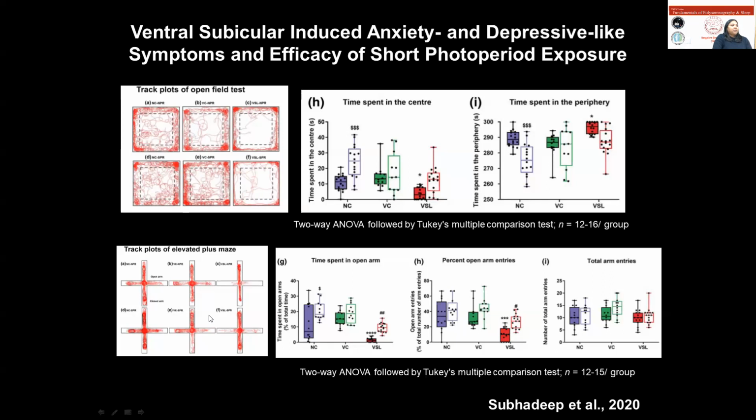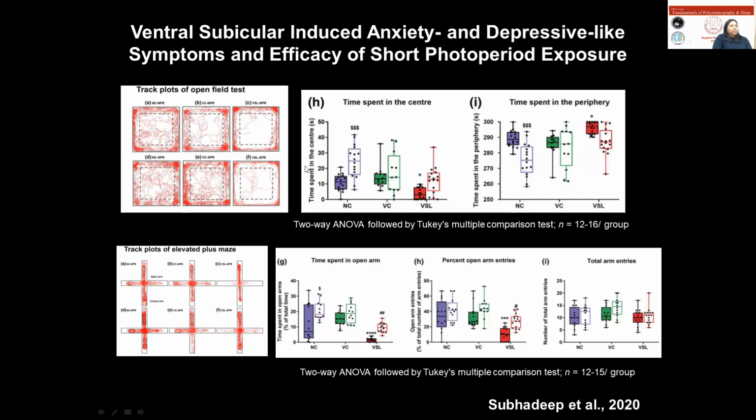The elevated plus maze has 2 arms, one open and another closed. More anxious animals tend not to explore the open arms and remain in the closed arms. So the VSL rats showed decreased time spent in the center and more time spent in the periphery.